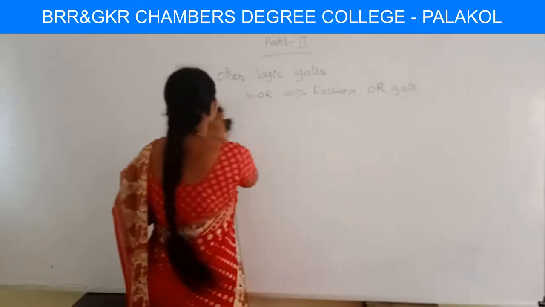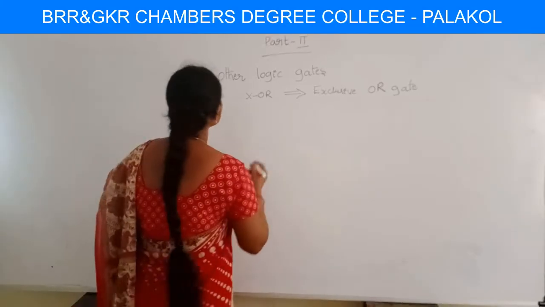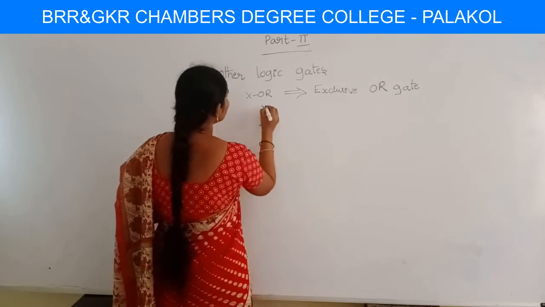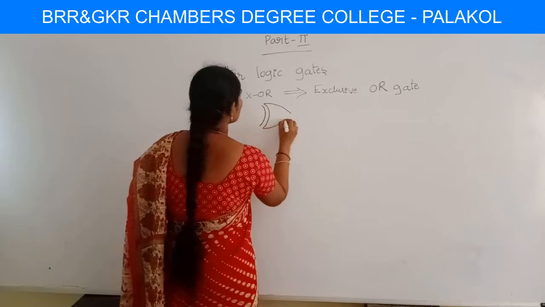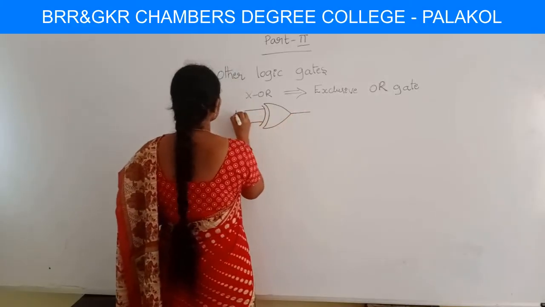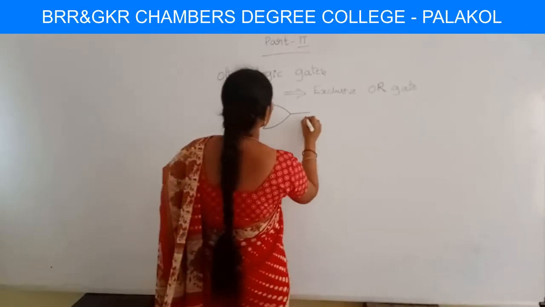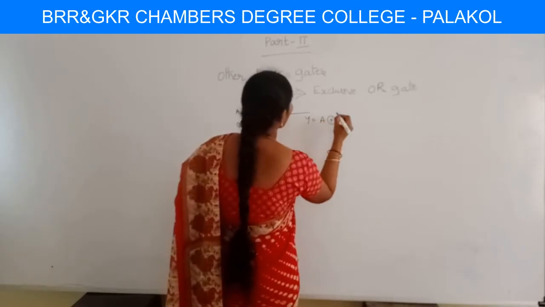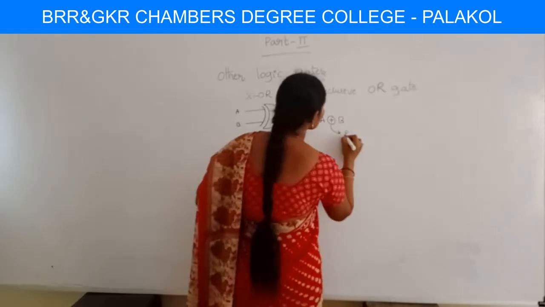Okay, the symbol for this XOR gate is, so here this is the symbol for the XOR gate. So we apply the two inputs, therefore y is equal to A XOR B. So here this is the XOR symbol.